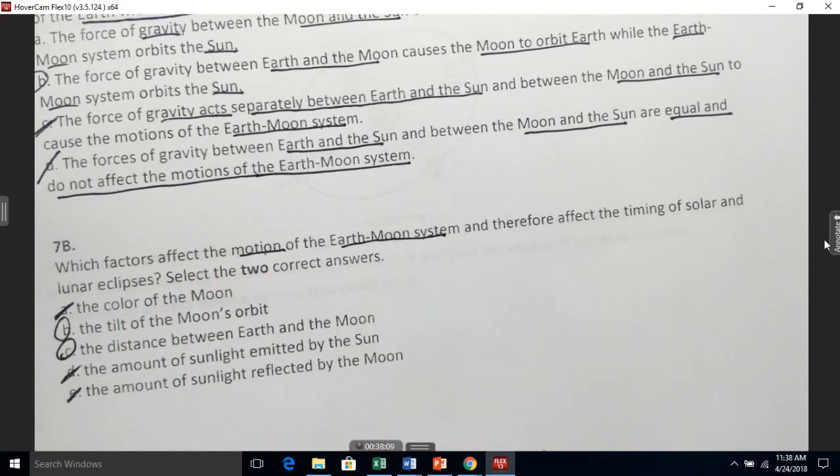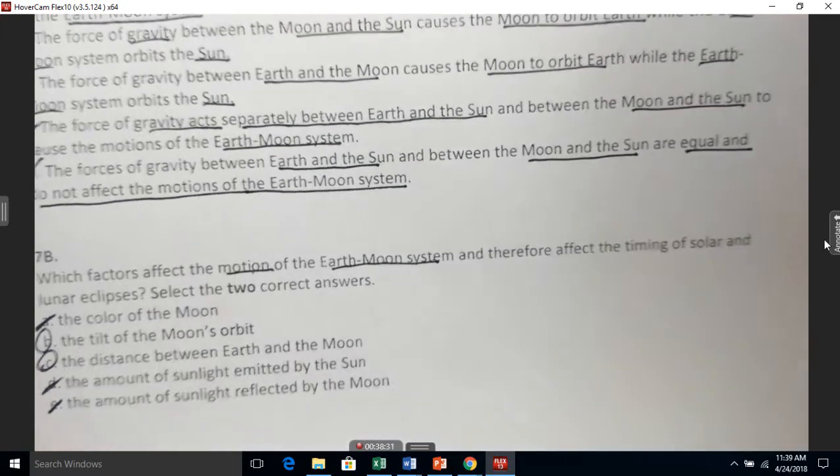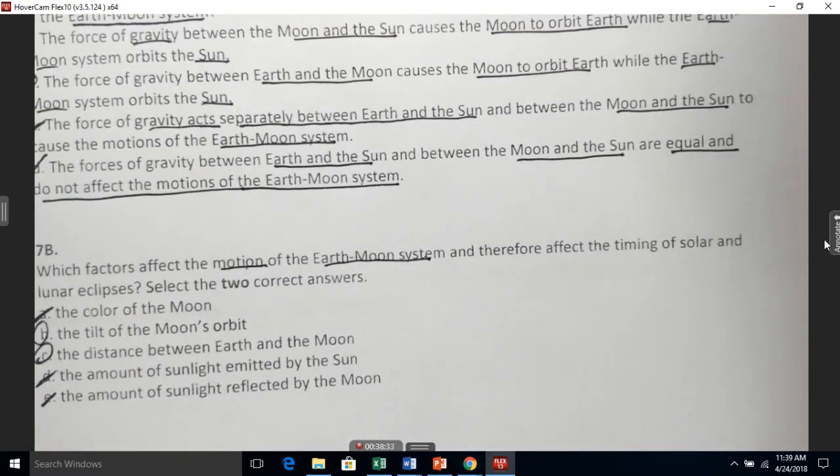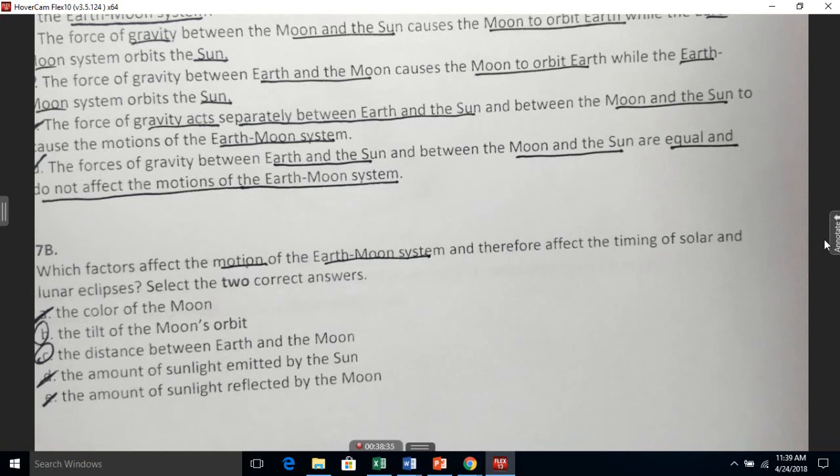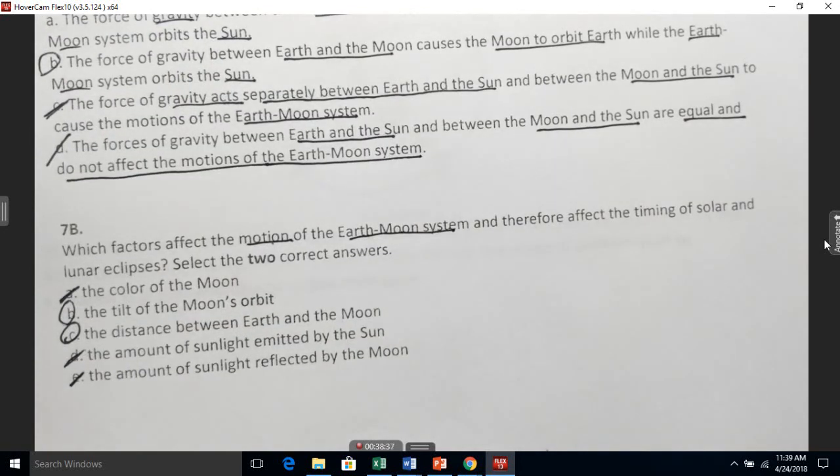Who missed it? I got it right. What'd you put? Y'all really chose something about the sunlight? The amount of light the sun makes the moon go faster.